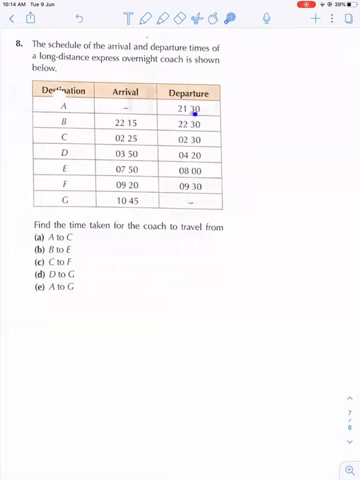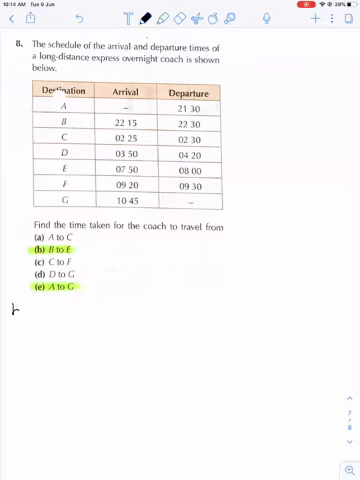Then it started its journey from town B at 22:30 and arrived at 22:25. Okay, after 5 minutes, it again started its journey. So this is the table given to us. Let's do just 2 parts out of this, say B to E and the last part.